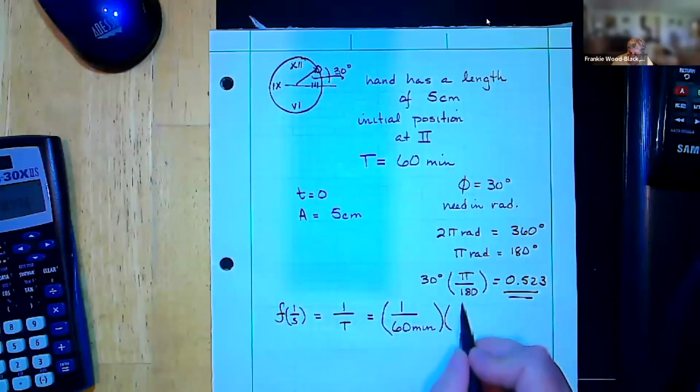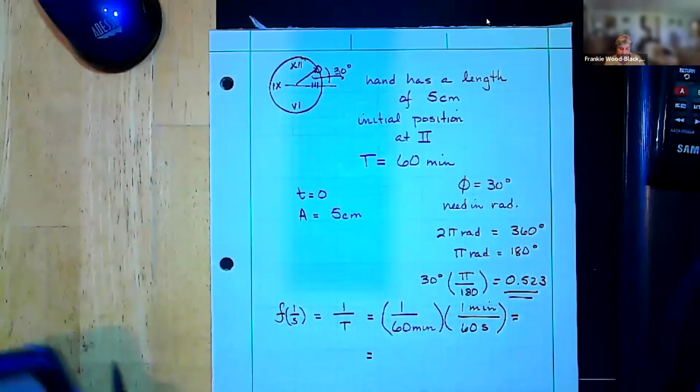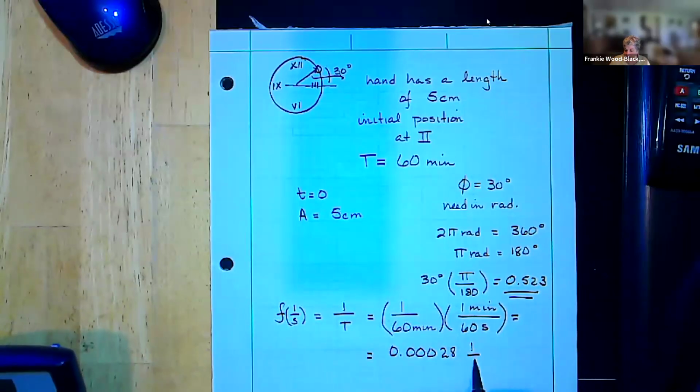And we know that 1 minute is 60 seconds. And this gives me 0.000281/seconds.